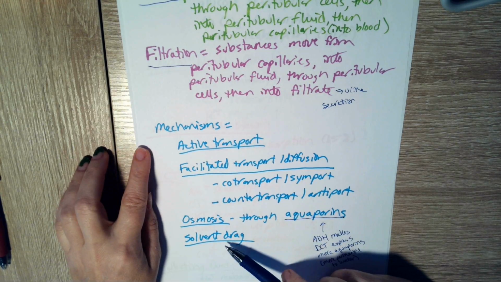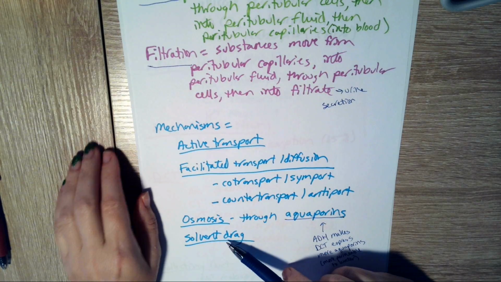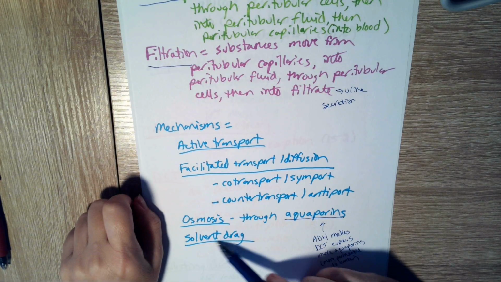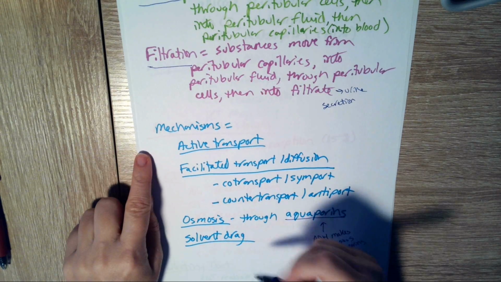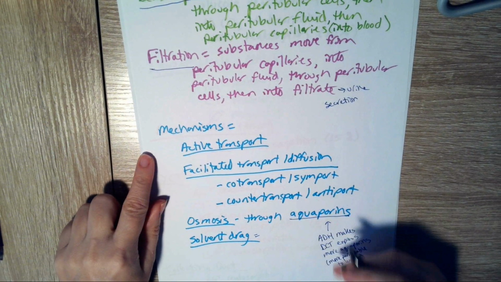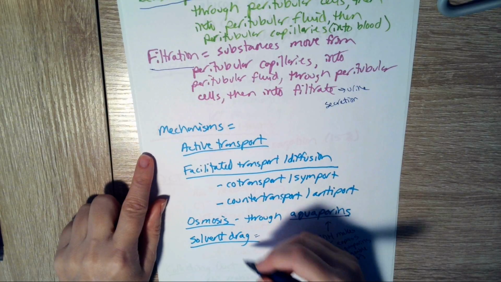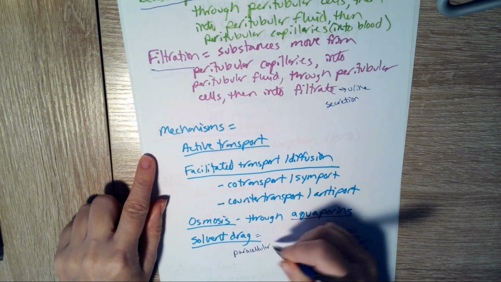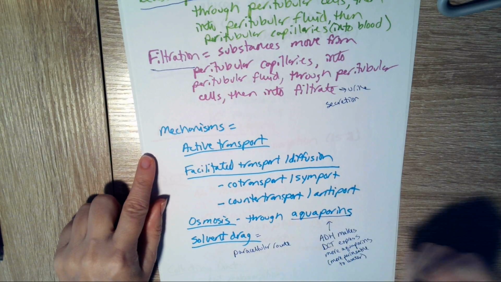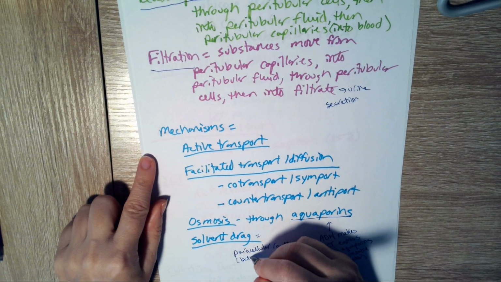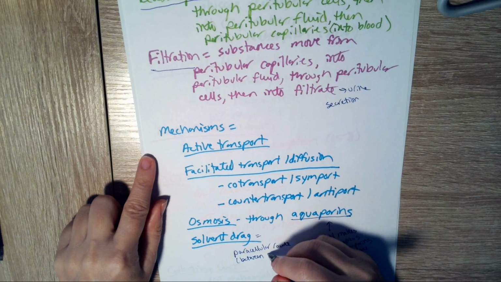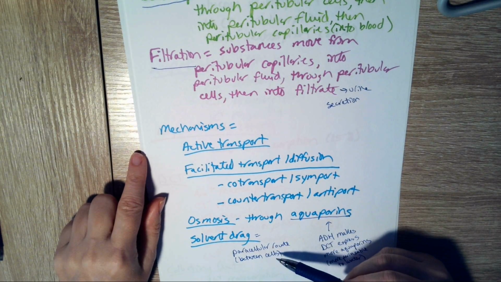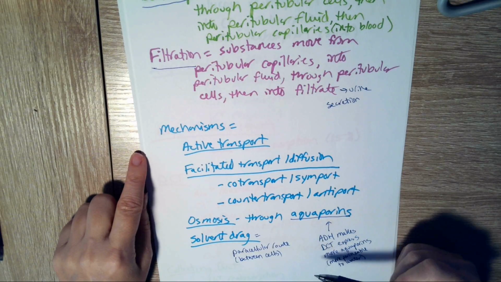Now the last way that we can move substances, not across cell membranes, but between cells, is something called solvent drag. So this is taking not the route through the cells, but something called the paracellular route, which means between the cells rather than through the cells. So some water is going to be reabsorbed that way, and some small solutes are able to.